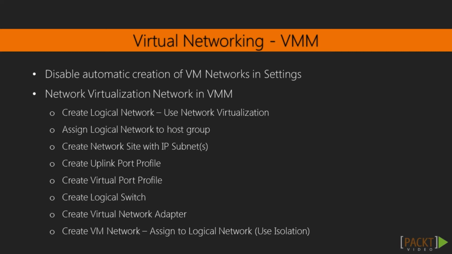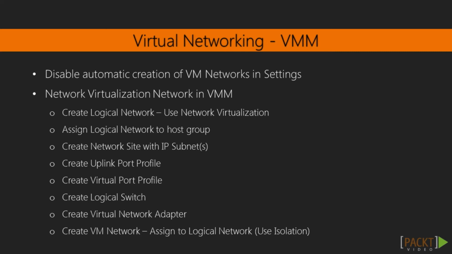We will shift gears once again and dive into a powerful yet complex topic: how to use network virtualization through System Center Virtual Machine Manager, or VMM. First, we will show all of the steps necessary to create a network that uses network virtualization in Virtual Machine Manager.